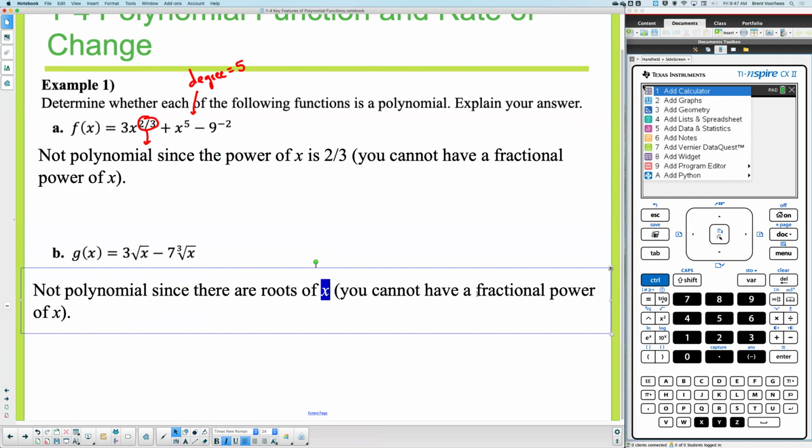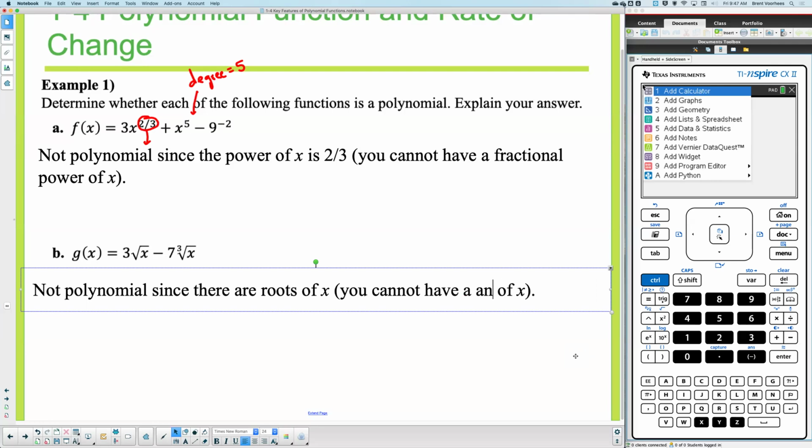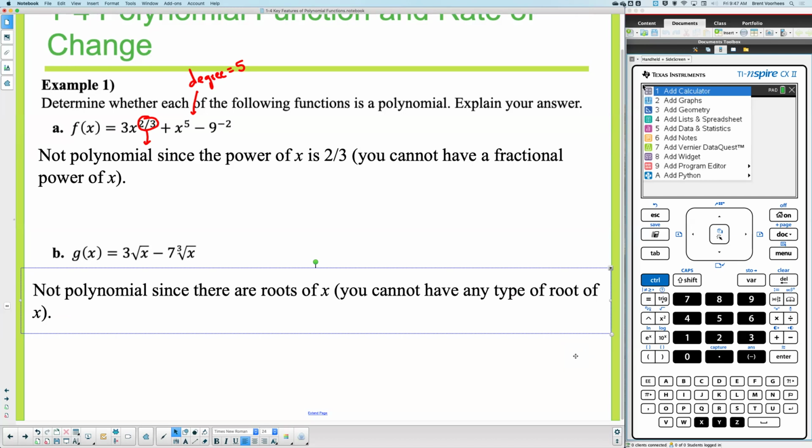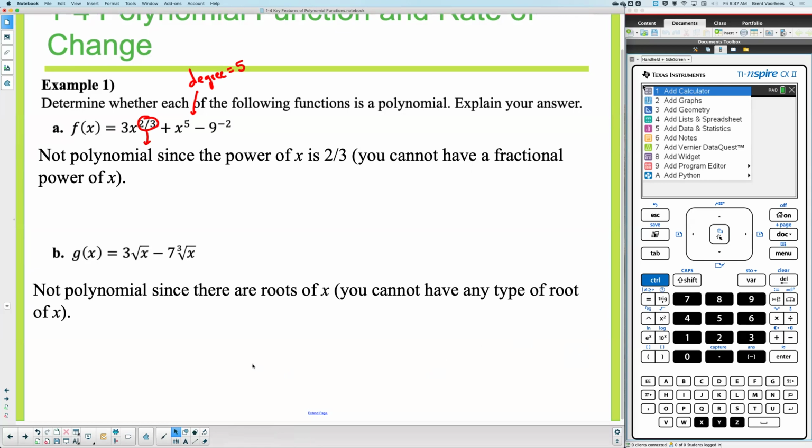You cannot have any type of root of x. That's the rule there. Okay, so for this reason, it's not polynomial. Both those roots.